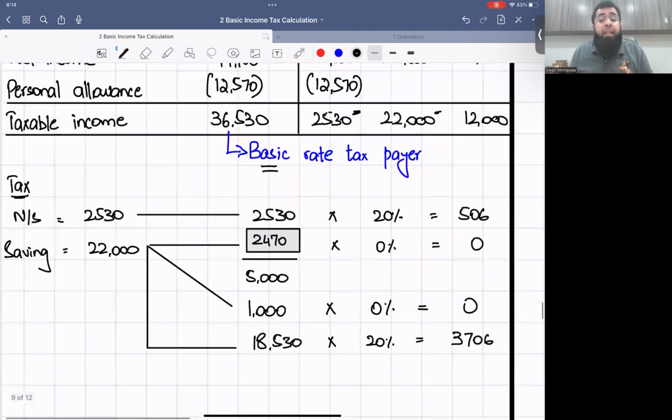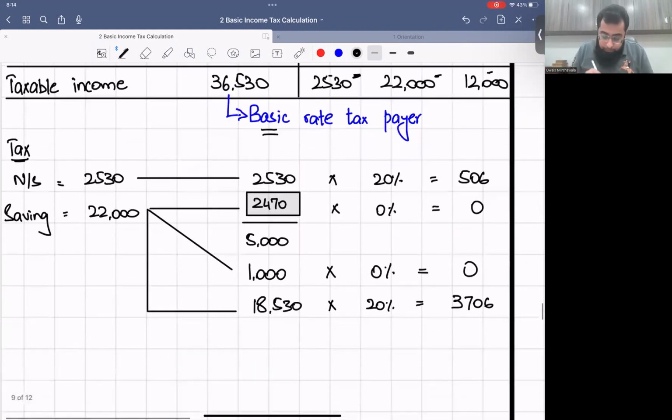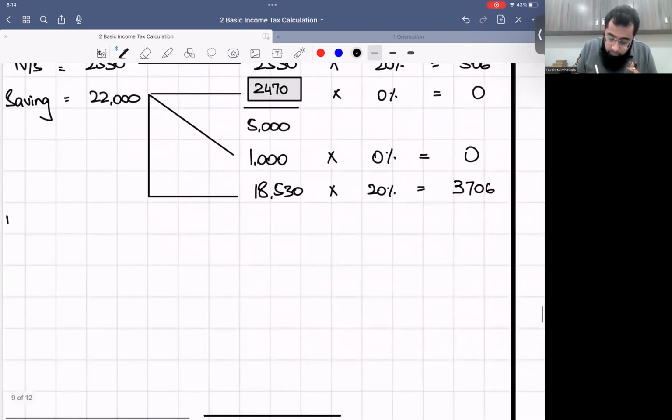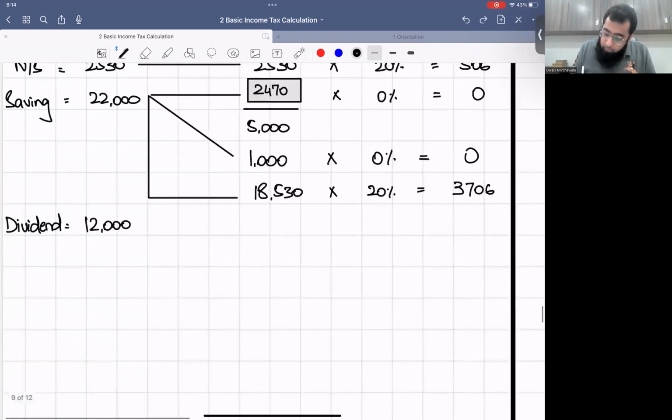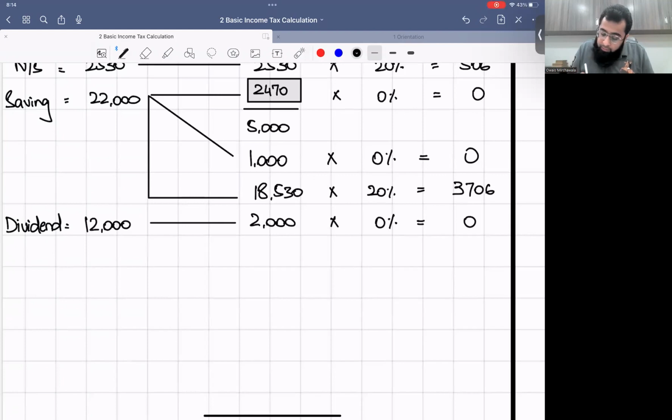Then we have dividend income, that is 12,000. First 2,000 goes at 0%. So this gives us 0.